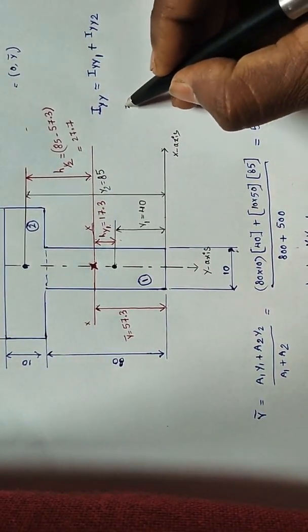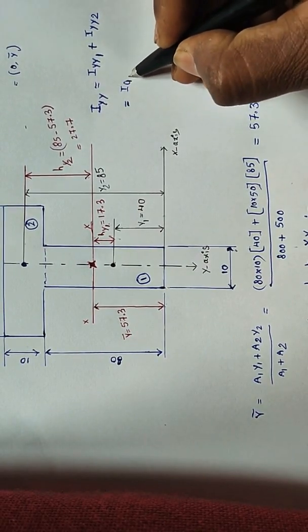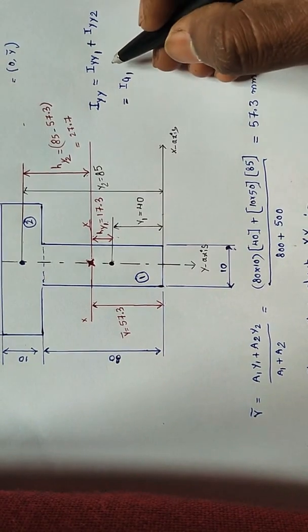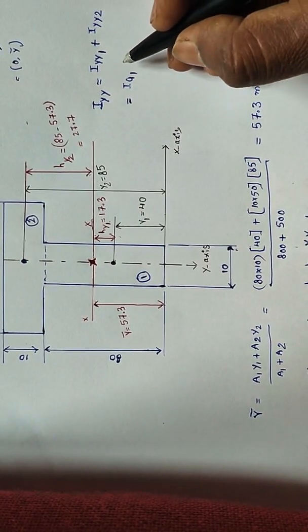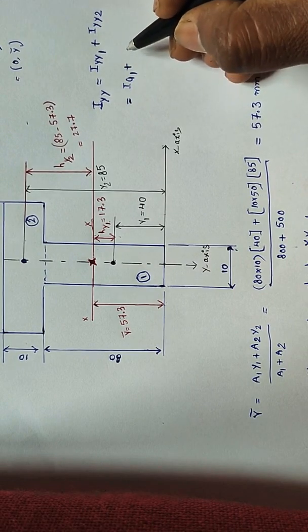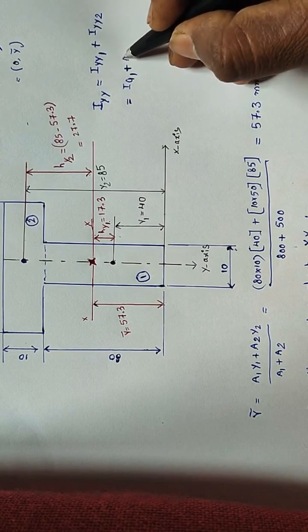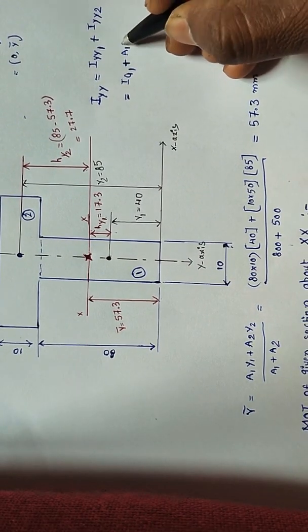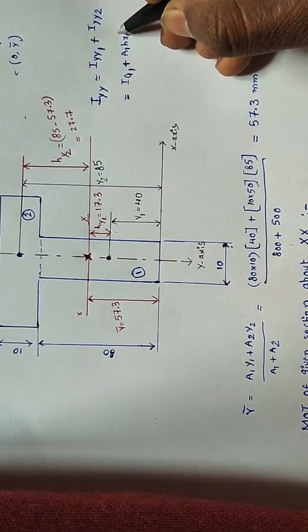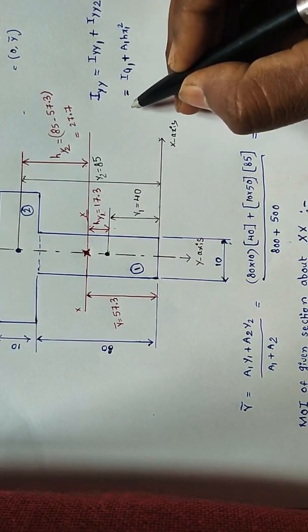So Iyy1 means moment of inertia about centroidal axis of first element plus A1 into hx1 square. So this is Iyy1.